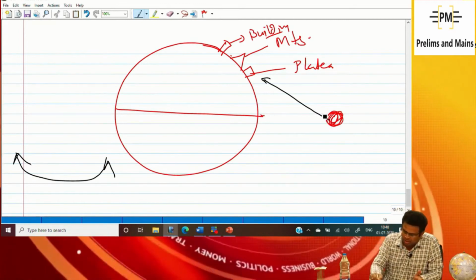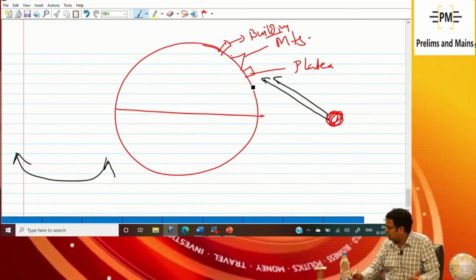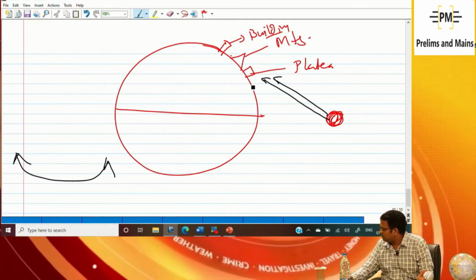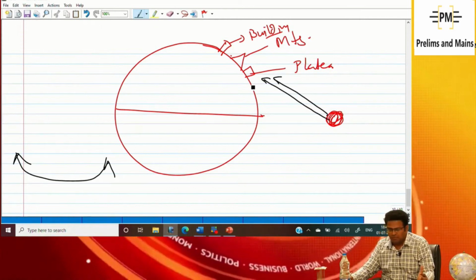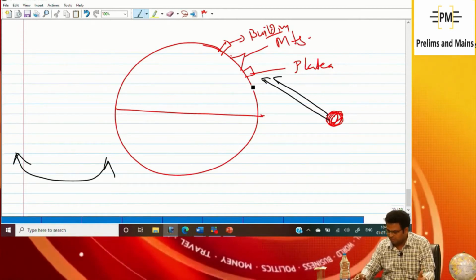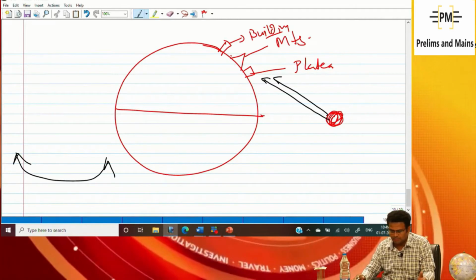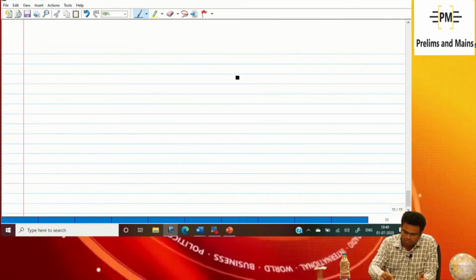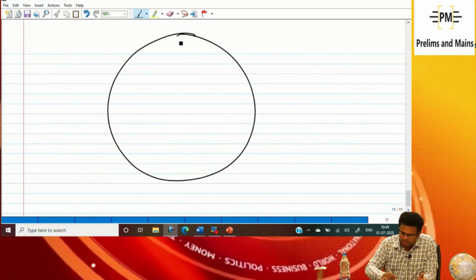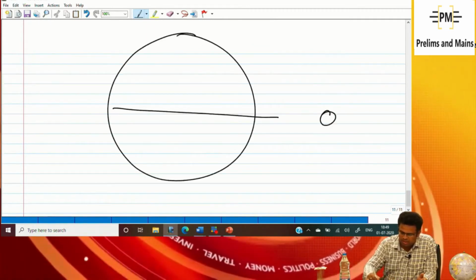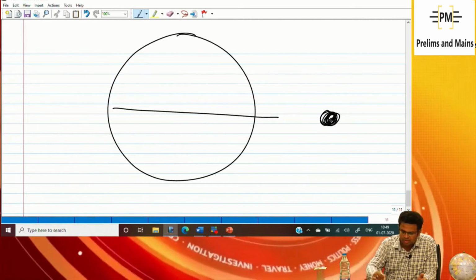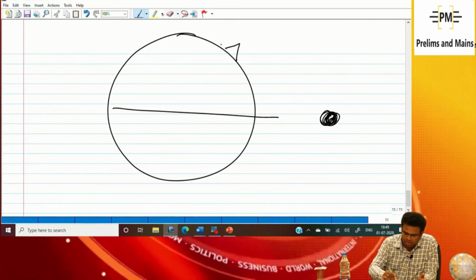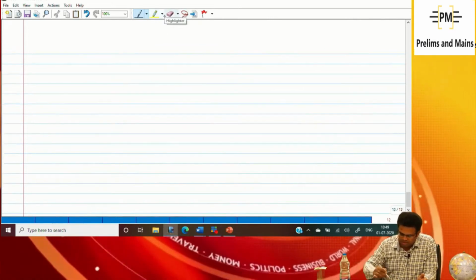If it is going like this, just utilize your mind, all of you. It is a very important question I am asking. This is the equator and here we have a geostationary earth satellite, and here are the mountains. I can make another picture like this.